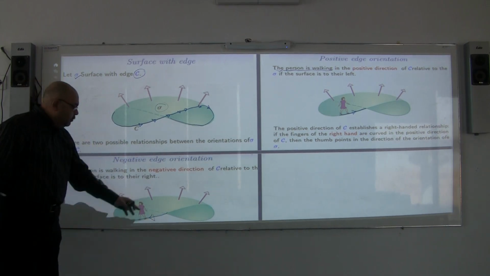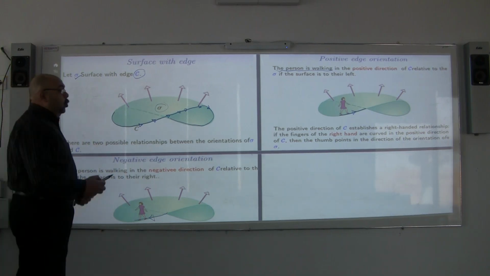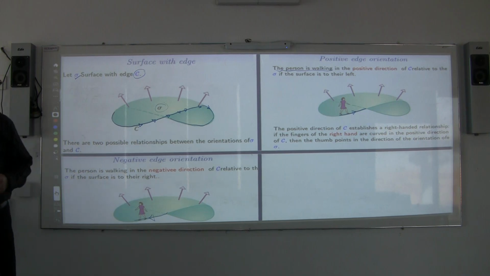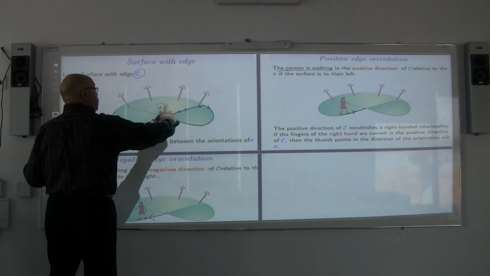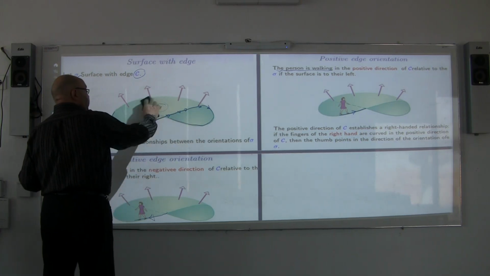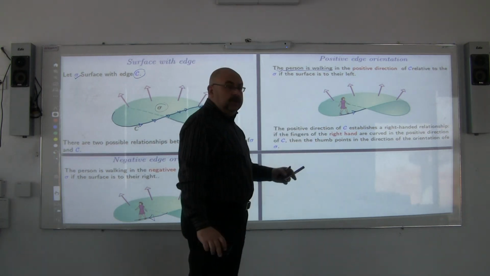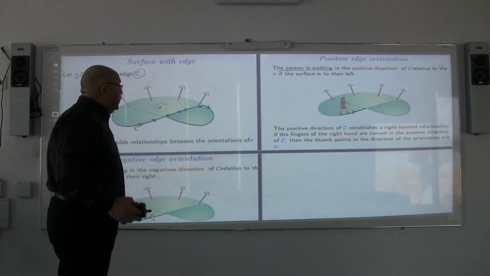This is how it moves, so it's the negative direction. We spoke about determining the positive directions here, and the difference between the contour, the boundary, and the surface integration. And we determined the positive and negative direction of the contour of the boundary.